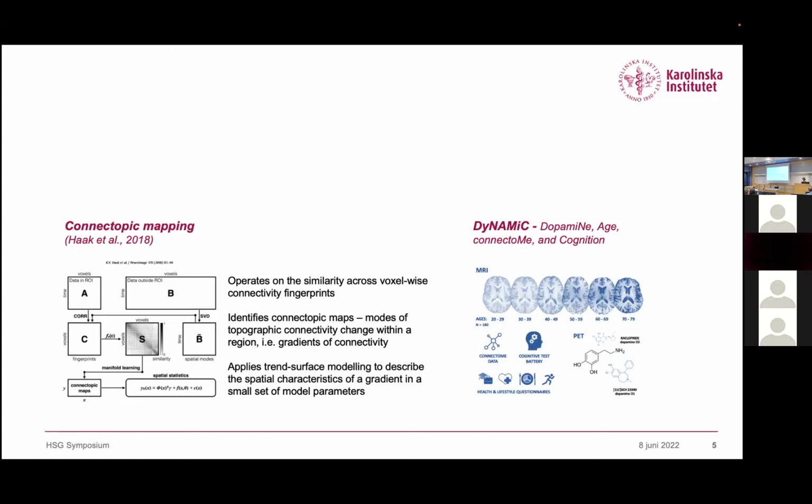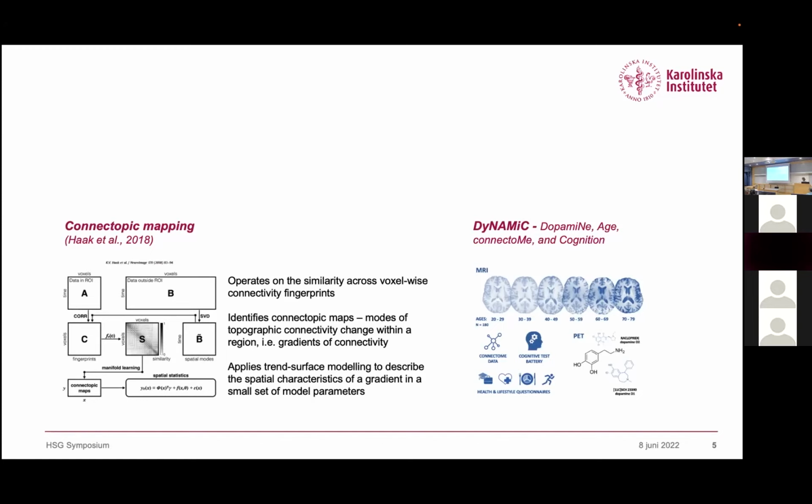And the gradient mapping method we're using is connectopic mapping, which operates on the similarity across voxel-wise fingerprints of cortical connectivity within the hippocampus, and identifies these connectopic maps, or in other words, gradients.